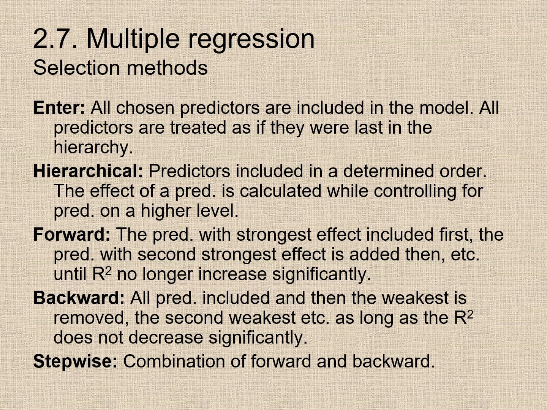It can also throw out predictors if they stop being significant. So it works both ways. And the end result is that the program tells us, here are the predictors that significantly improve the model's predictive capacity. So they are included in the model, and the rest are excluded.